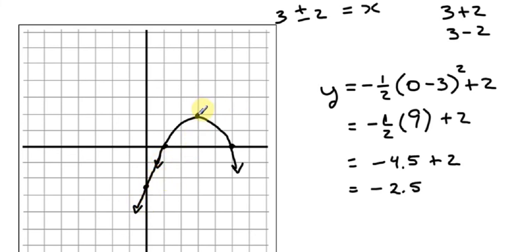Okay, now there's our vertex. We also have our axis of symmetry, this line here. Just sort of sketch that out. The equation for the axis of symmetry is x equals 3. What else do we want to identify? Maybe just the domain and the range. We'll put that over here.